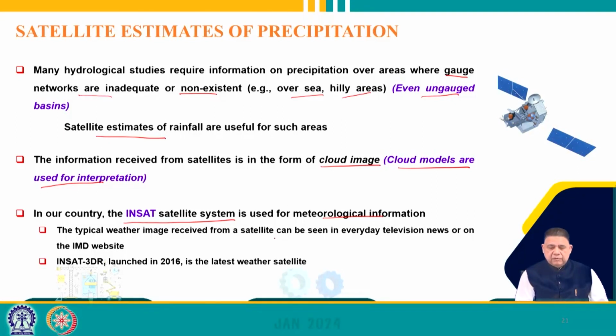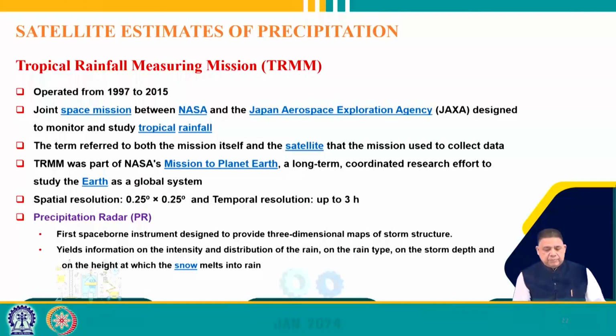Whatever information we see in newspapers, weather reports, television news, or on the IMD website, you can always get these satellite images, which tell you the movement of precipitation. Currently, INSAT-3DR, launched in 2016, is the latest weather satellite used by India.